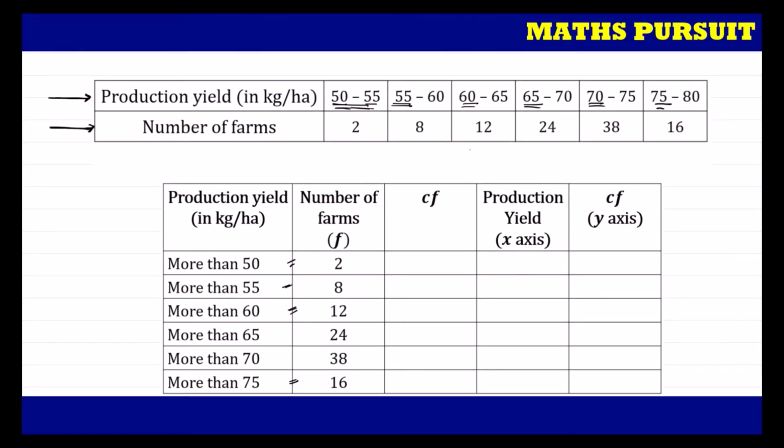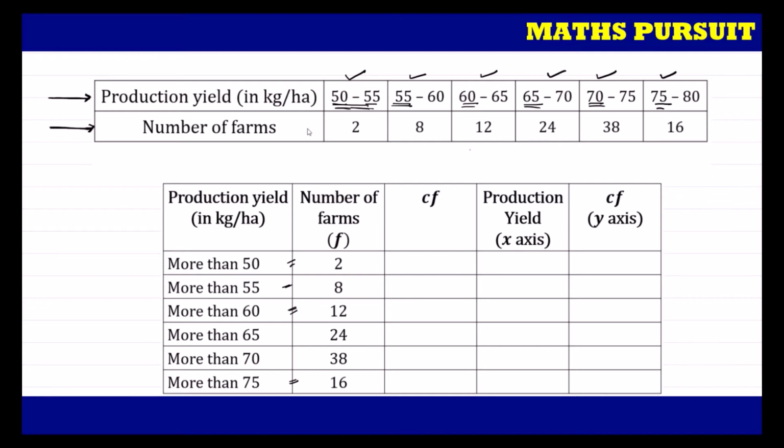Our first row item is more than 50. More than 50 means it covers this range, this range, this range, including this also. Everything above 50 is included.